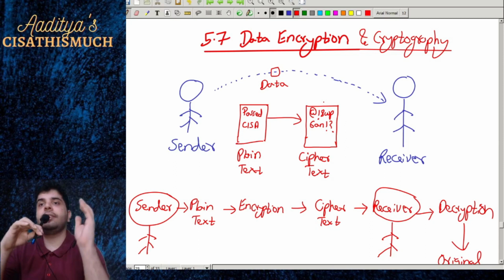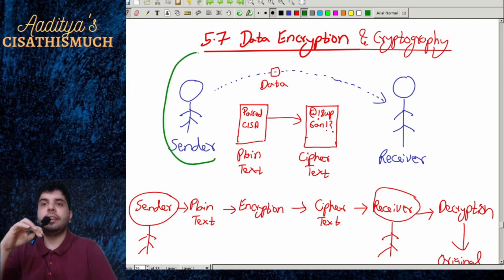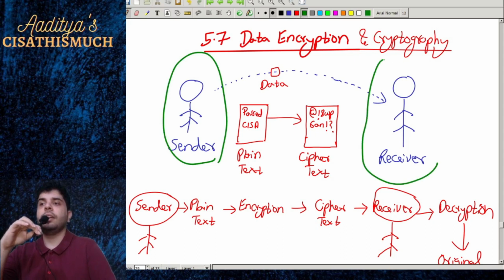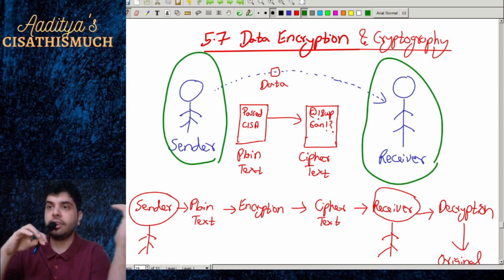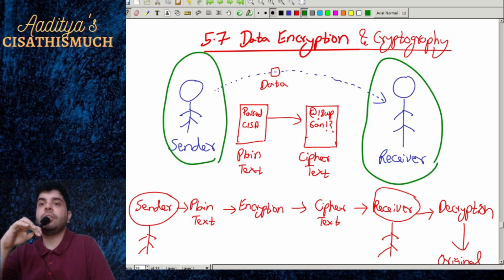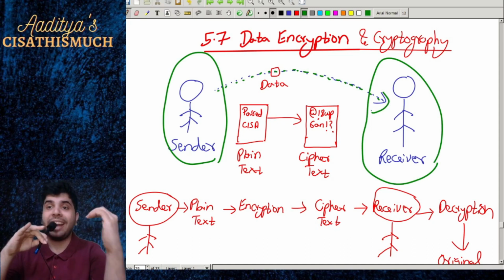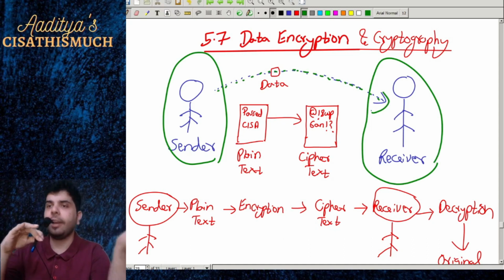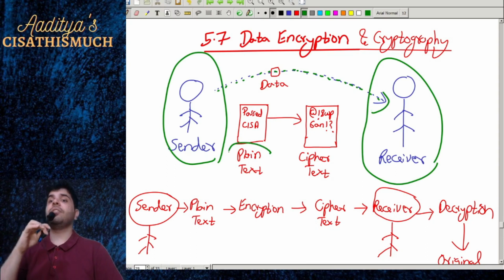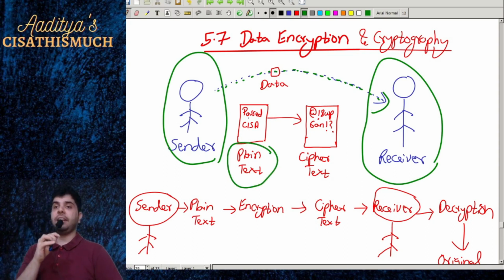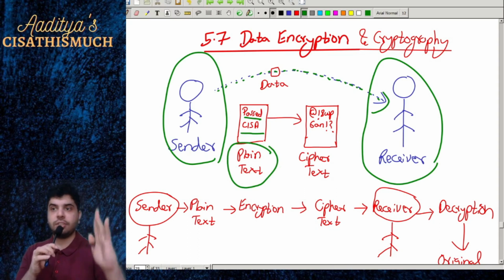Alright, so let's start. There is a sender and there is a receiver. The sender is transmitting some data, but the data is in plain text, not in encrypted form. For example, the data is: I have passed CISA.